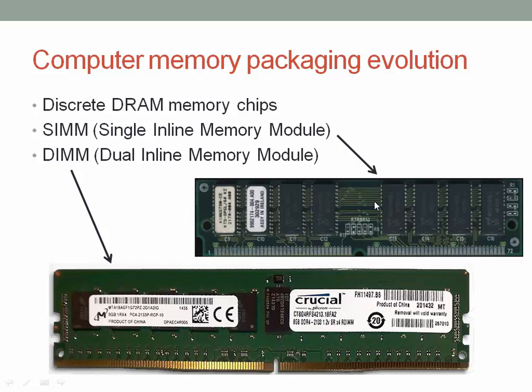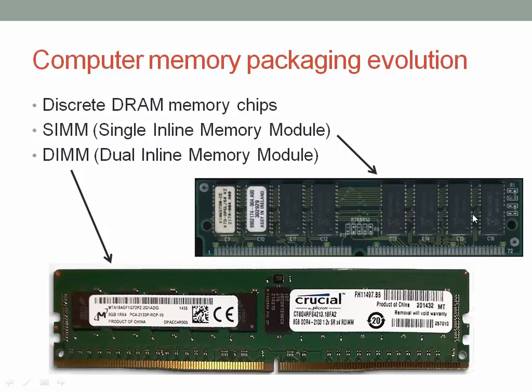The computer RAM is typically a DRAM, and it has gone through many packaging styles. Initially we used to have discrete DRAM memory chips, and they used to be soldered directly onto the motherboard itself. And the disadvantage of that is they were not upgradable, so as newer memory technologies arrive, you cannot change them. So that was rectified using SIMMs, which is single inline memory modules.